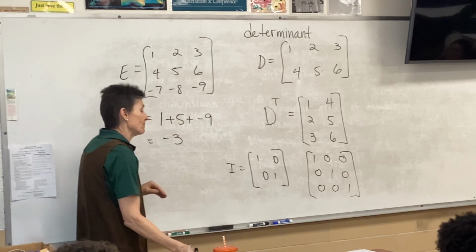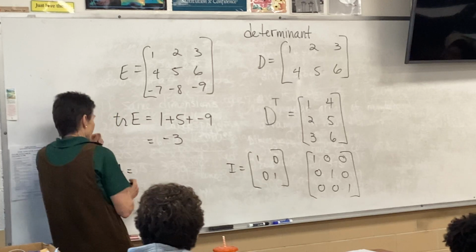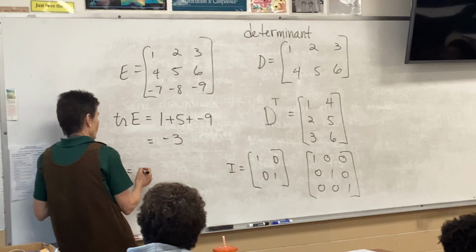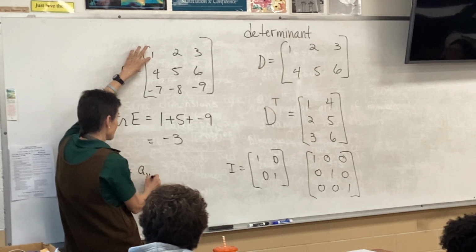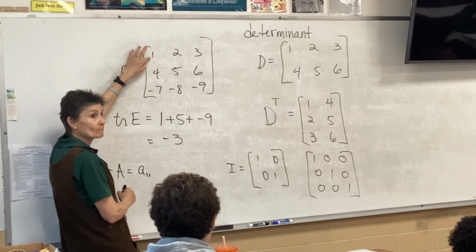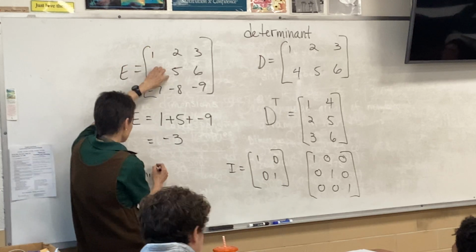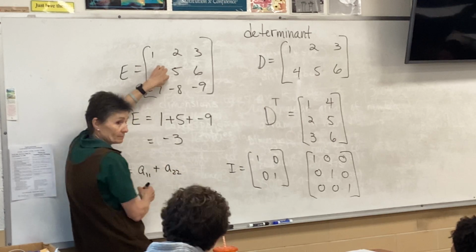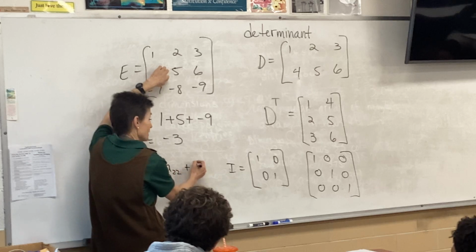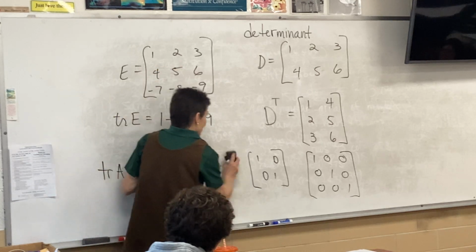So, if you were going to define that, what entries do I add up? What entry is this? That's the entry in the 1, 1 spot, first row, first column. And then I add it to this one, what's that one? That's the 2, 2 spot. And then the 3, 3 spot, and it can be bigger than this.